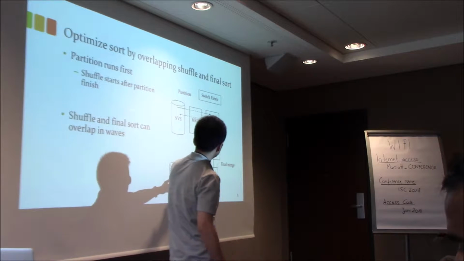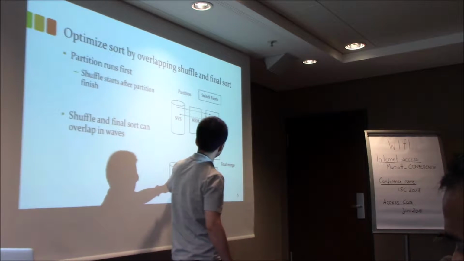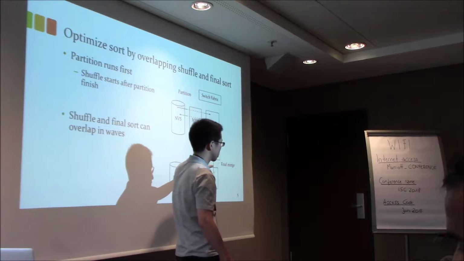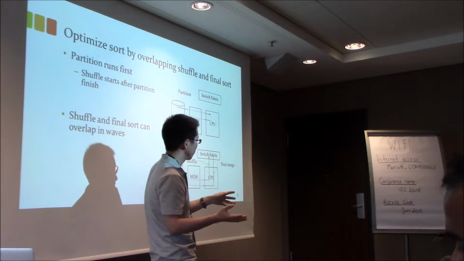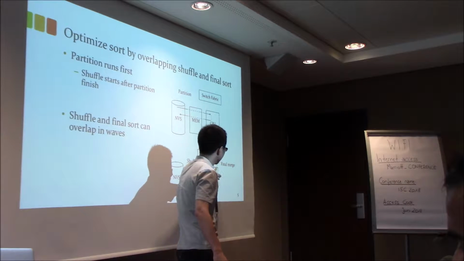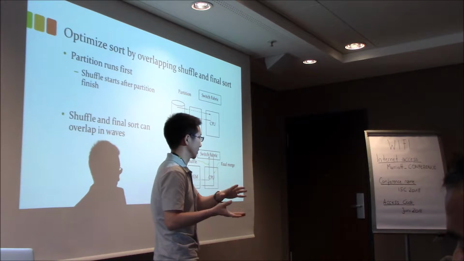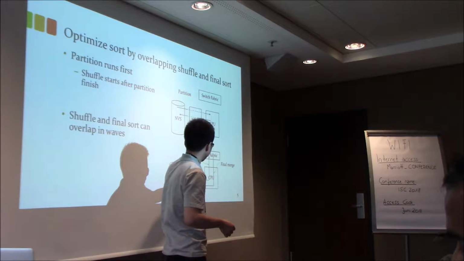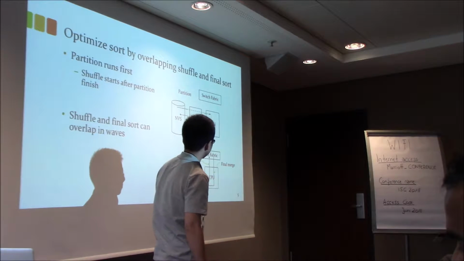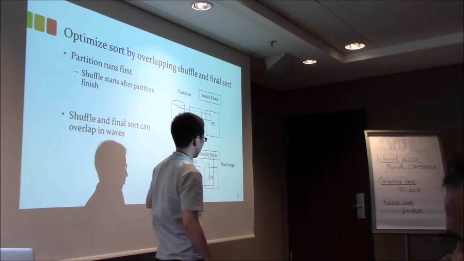We can read the output from the partitioner into the fabric switch to send the data everywhere. Meanwhile, we are doing the final sort from another set of data. This way we can fully utilize the bandwidth from different I/O devices, network, storage, etc.